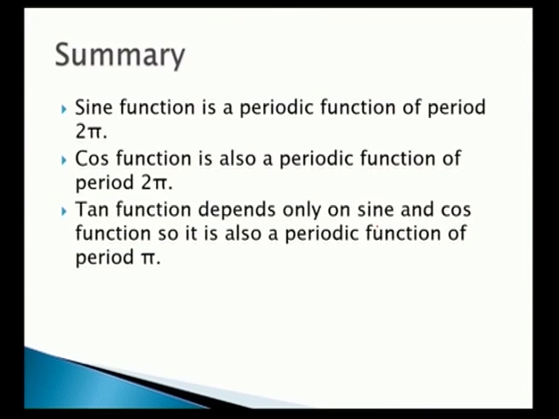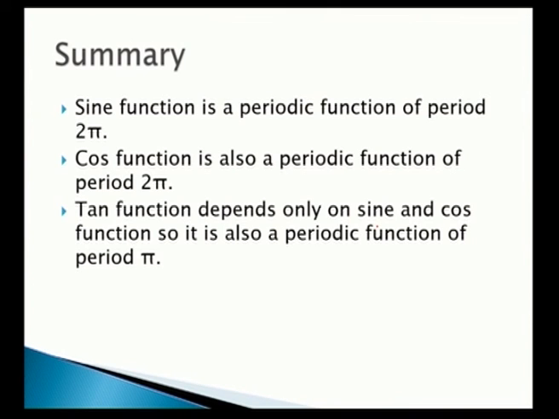So this is how we can apply trigonometric functions to real life problems like this. From this lecture we learned the definition of trigonometric functions sine, cos, tan. We learned that the sine function is a periodic function of period 2 pi. Cos function is also a periodic function of period 2 pi.